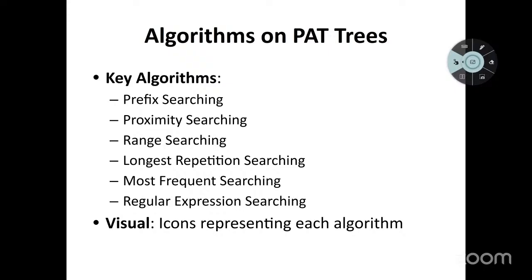So in the class, we will try to cover these. We have 6 basic operations: basic searching, prefix searching, range searching, longest repetition, most frequent, and regular expression searching. The order might vary, but we'll be reading all 6.